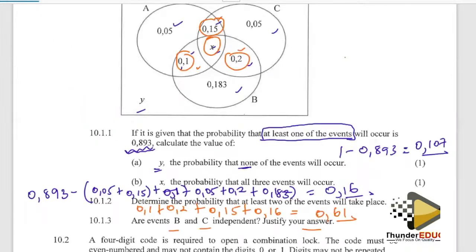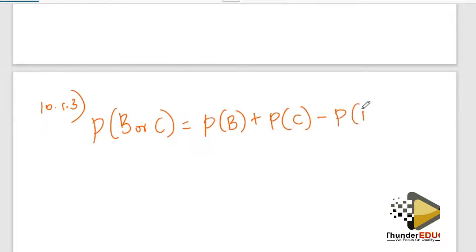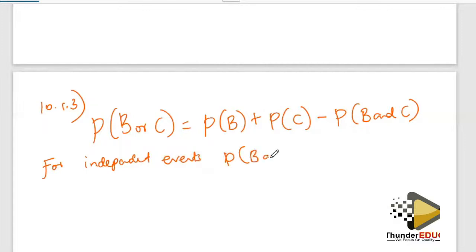Events, we say that B and C. So from our addition rule, we know that this will be probability of B plus probability of C minus the probability of B and C. Okay. Then we also know that for independent events, the probability of, let's say, B and C can be obtained by getting the probability of B times the probability of C.